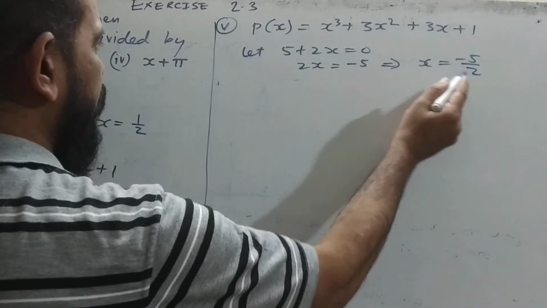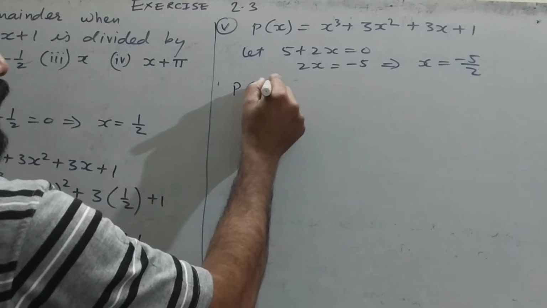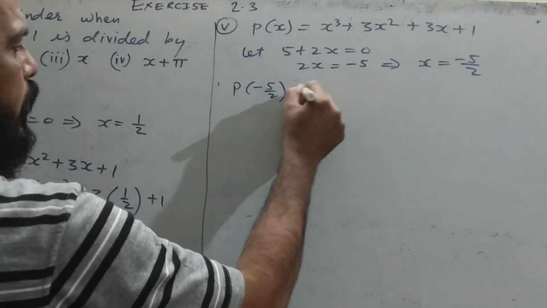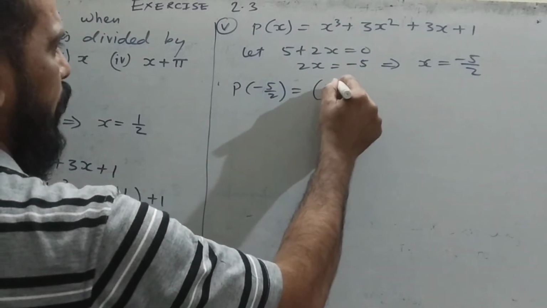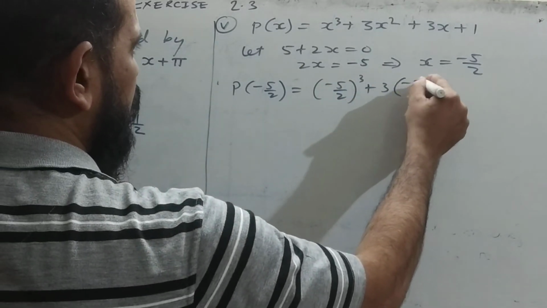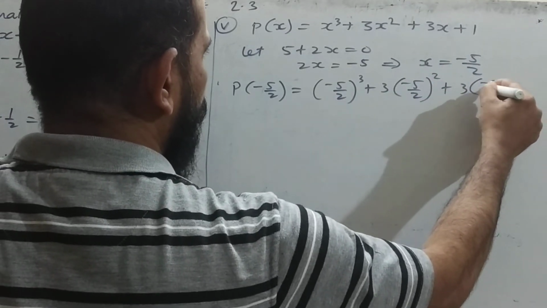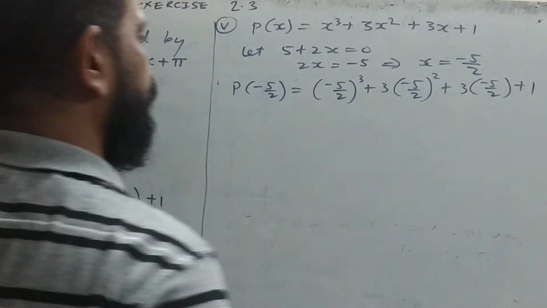Multiply will become divide. Now put this value here. p(minus 5 by 2) is equal to (minus 5 by 2) whole cube plus 3 (minus 5 by 2) whole square plus 3 (minus 5 by 2) plus 1.